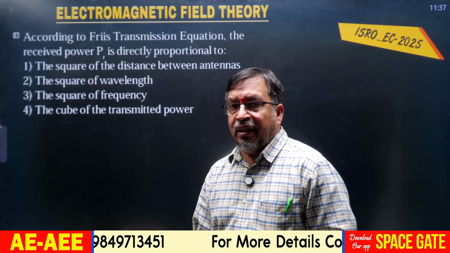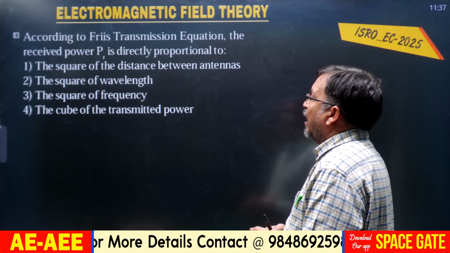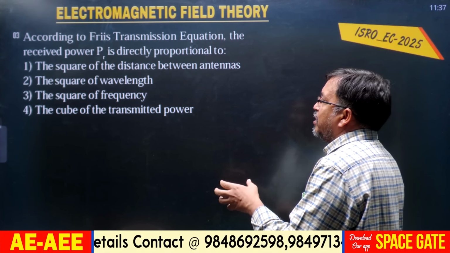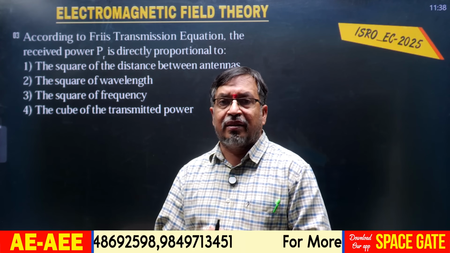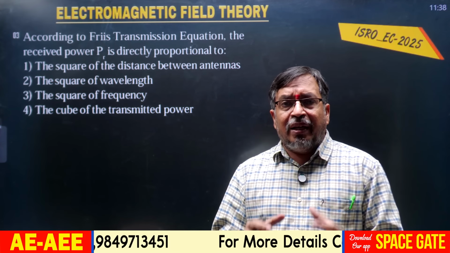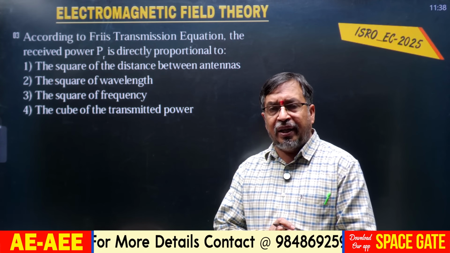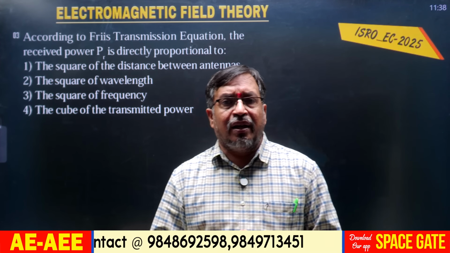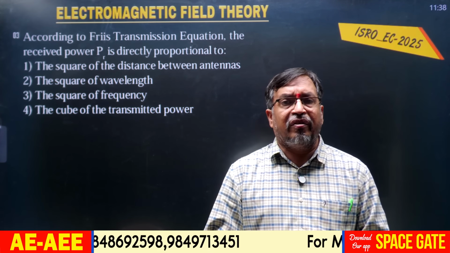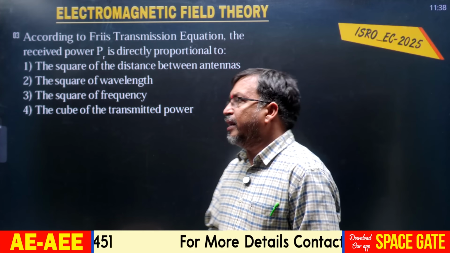The next question is also related to antennas, specifically to the Friis transmission power formula. What is the main importance of this Friis transmission equation? By using this equation we can determine the received power of the receiving antenna.